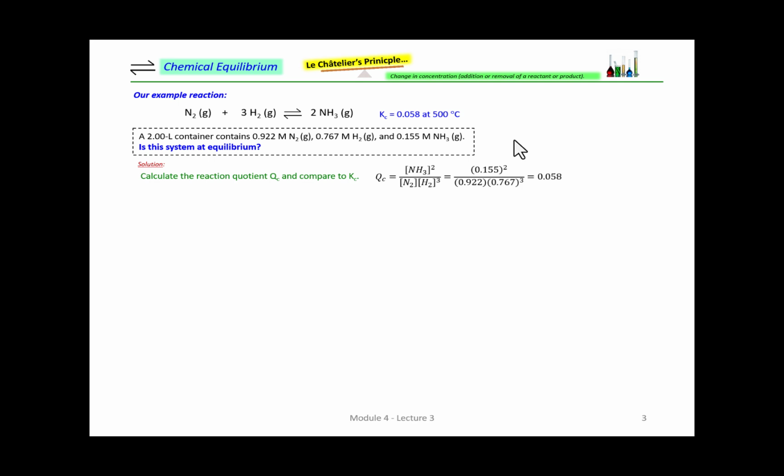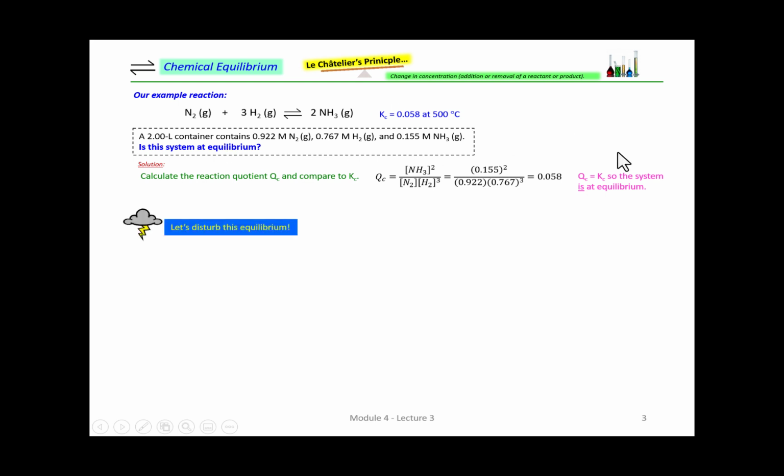So if we calculate a reaction quotient using the normal rules for calculating these, you see that the numerator is squared because of the 2 in front of ammonia. And the 0.767 is cubed because of the 3 in front of the hydrogen. We get a Qc value of 0.058. And since the Qc equals the Kc, we say, well, the system's now at equilibrium. These conditions are actually equilibrium conditions.